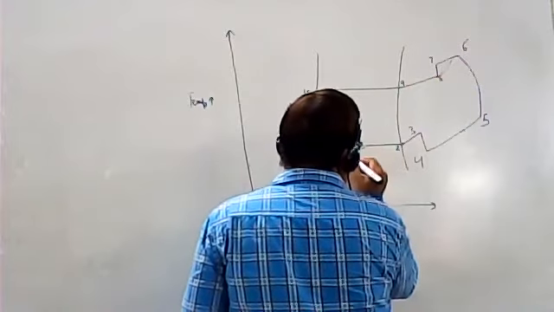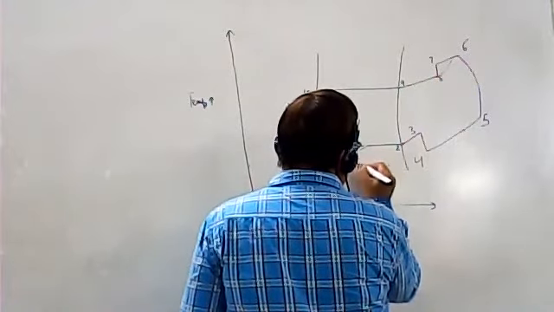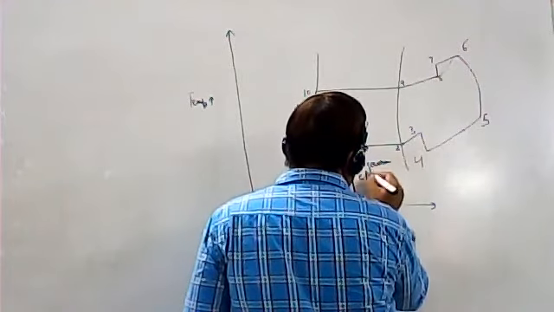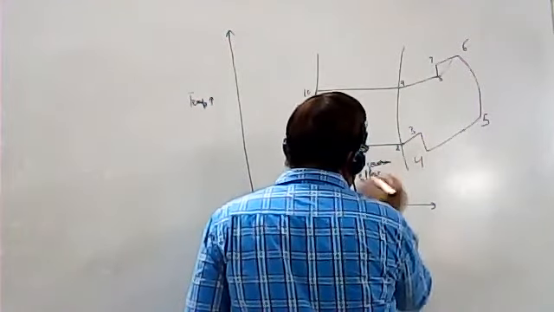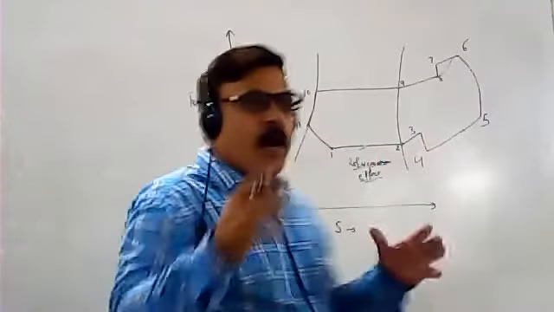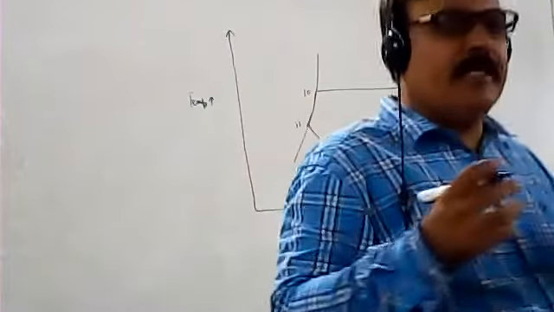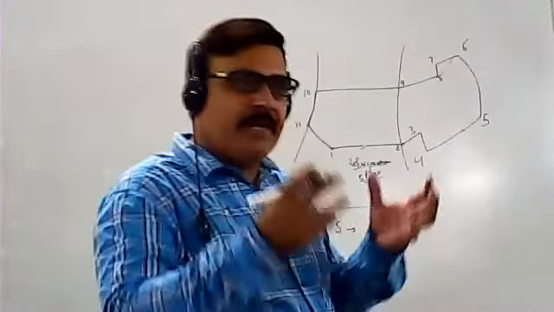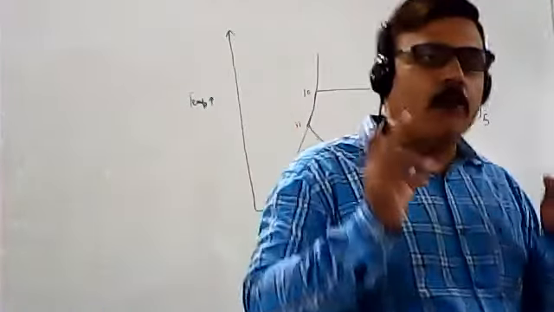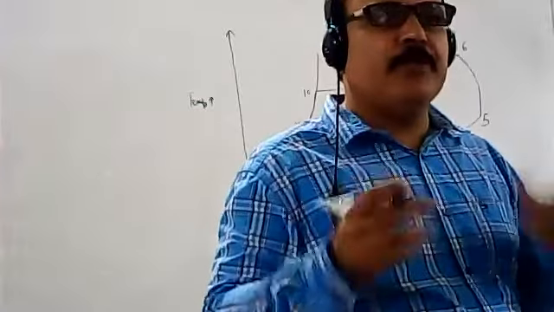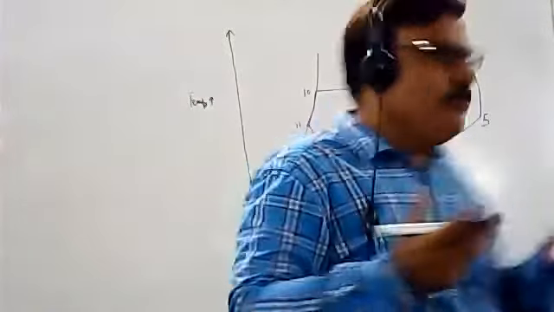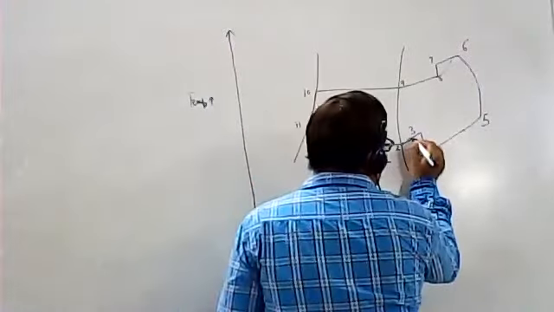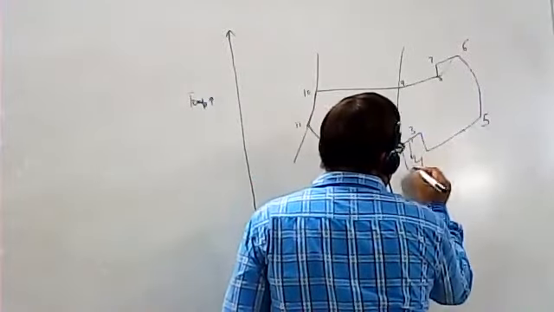So 1 to 2, the refrigeration effect will be there. When the refrigeration effect is there, it means the refrigerant takes heat from the refrigerated space and all the refrigerant is converted into vapor. But in actual practice, the refrigerant is converted into superheated vapor.